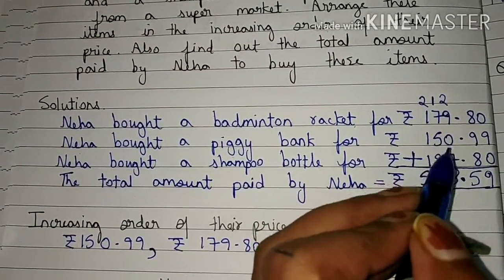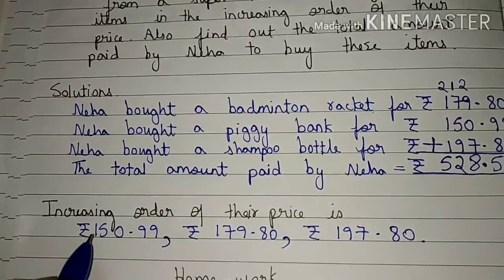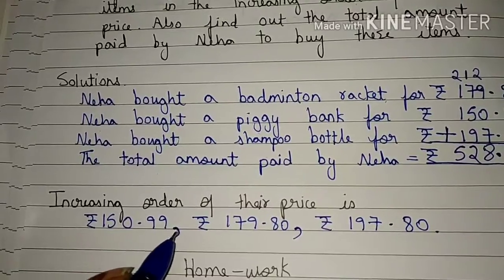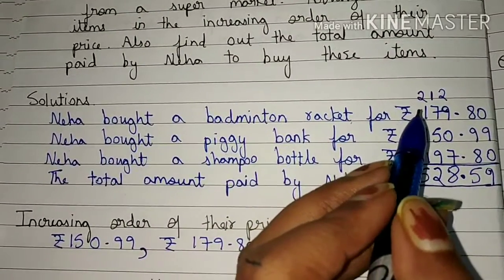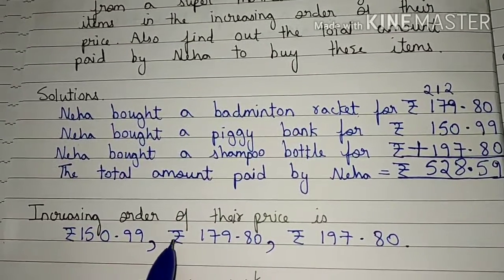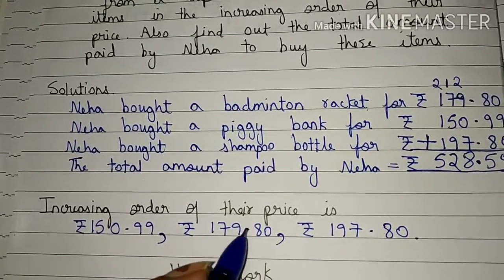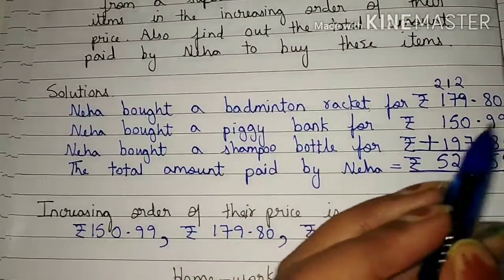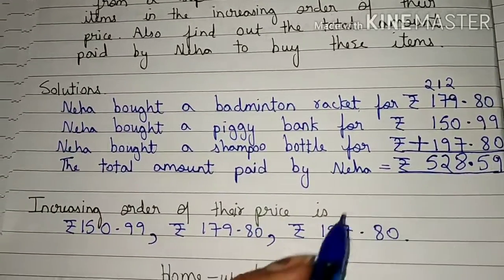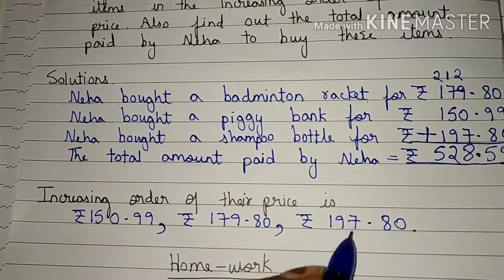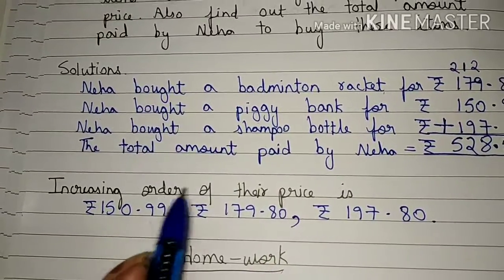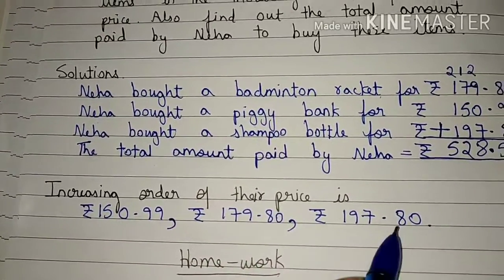Rupees 150.99. So we will write here rupees 150.99. After that we will write rupees 179.80 here. After that we will write rupees 197.80 here. Now students, this is the increasing order of the prices of the items.